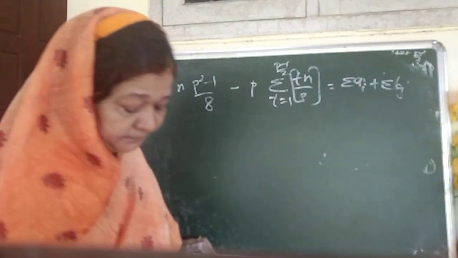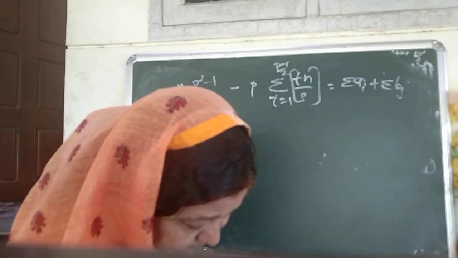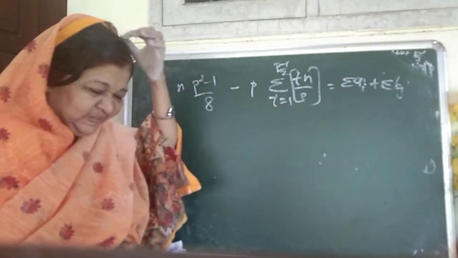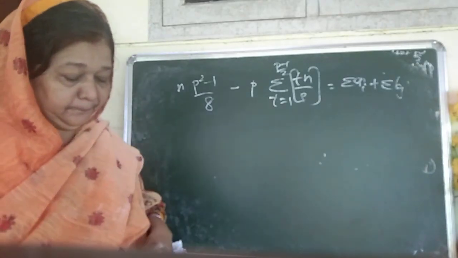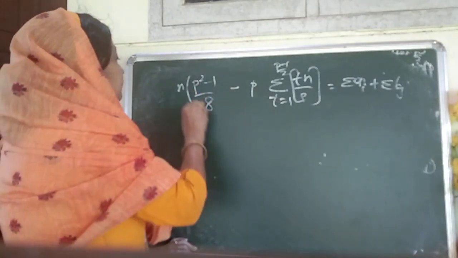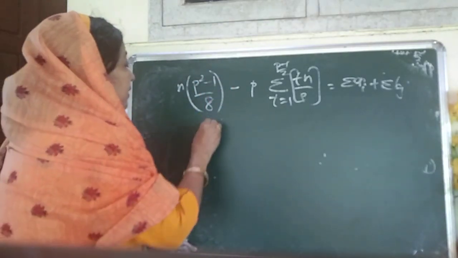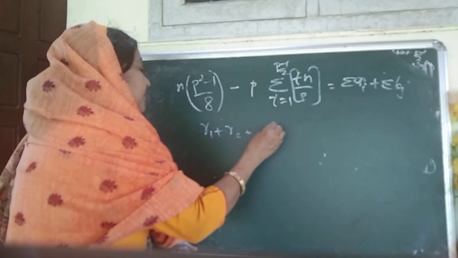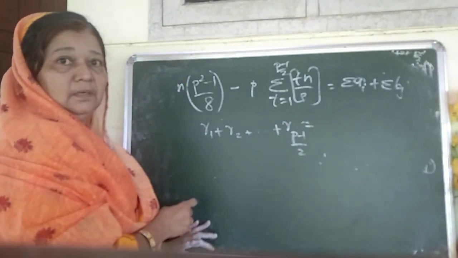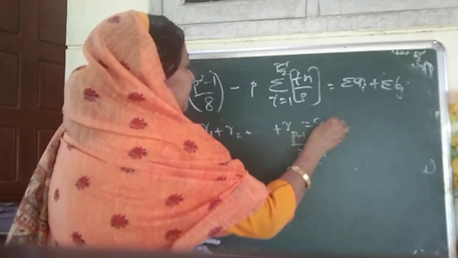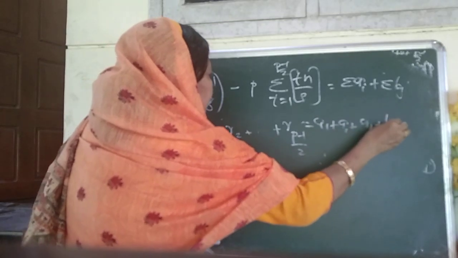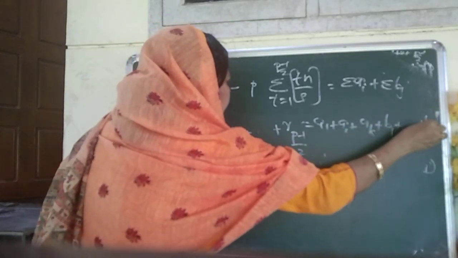Again, r1 plus r2 plus etc. plus r_(p minus 1)/2 is nothing but a1 plus a2 plus etc. plus ak plus b1 plus etc. plus bm.